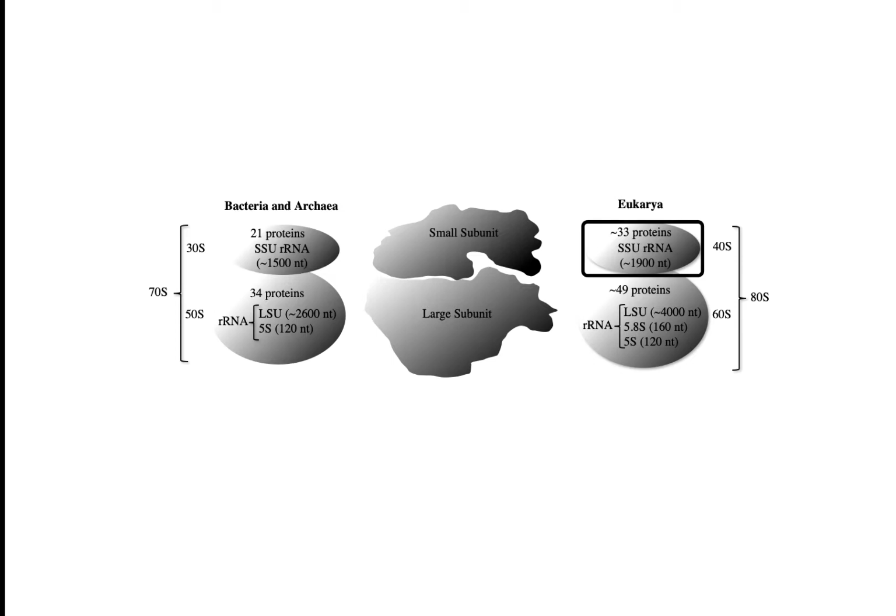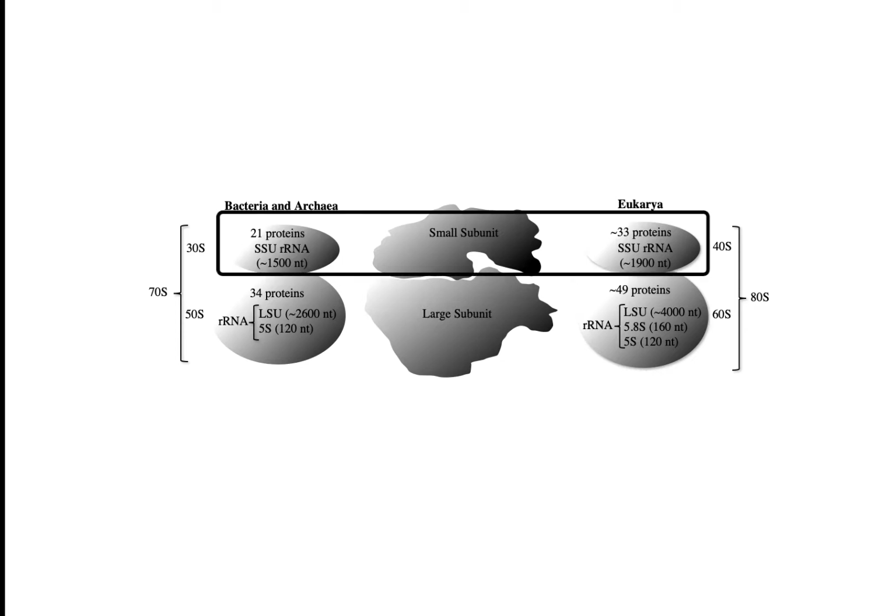In eukaryotes, they're much larger, so about 33 proteins and a small subunit ribosomal RNA, which is larger than the small subunit ribosomal RNA in bacteria and archaea. And in the large subunit, 49 proteins, sometimes more, and a large ribosomal RNA, a 5.8S RNA, and a 5S RNA.